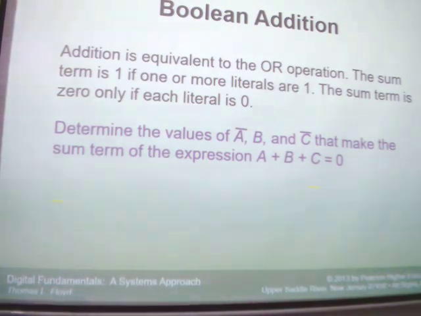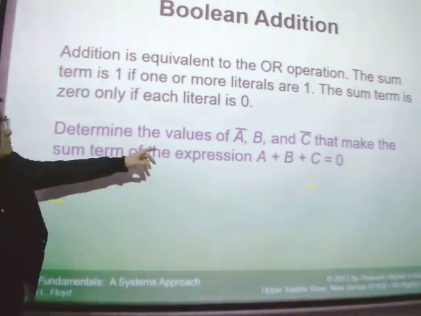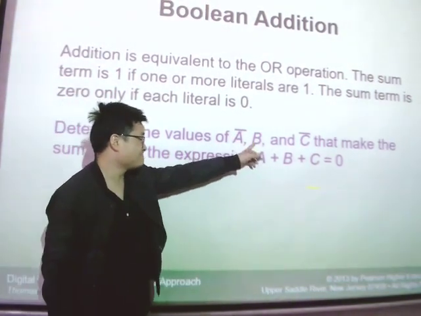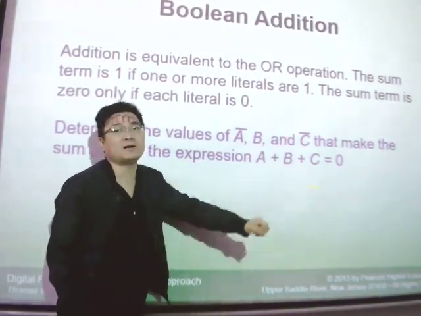Then, what is the value of A? What is the value of B? And what is the value of C? Or what is the value of A overbar, B, and C overbar?